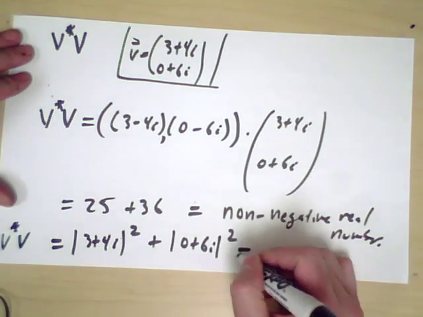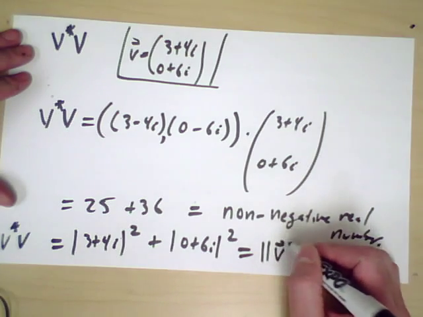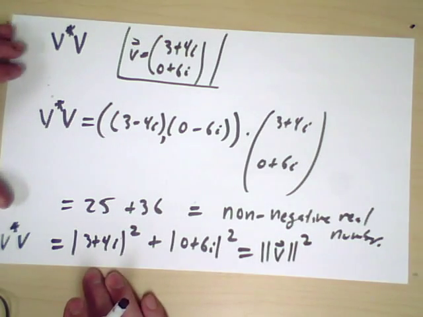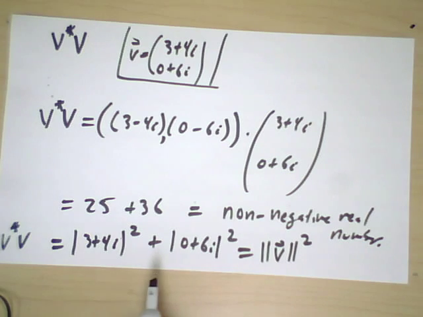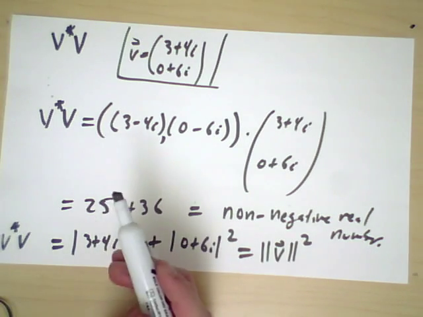In other words, this is what we should reasonably call the length of V squared. It can only be 0 if each of these terms is 0, meaning that each of the complex numbers was 0 to begin with. So V star V is the length of V squared, just as over the real numbers, V dot V is the length of V squared.